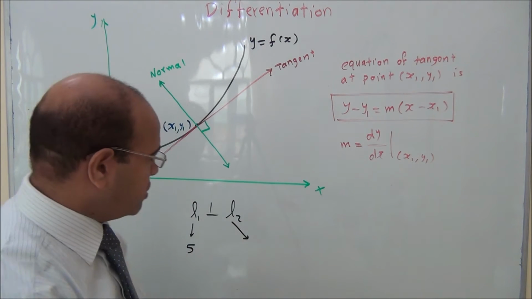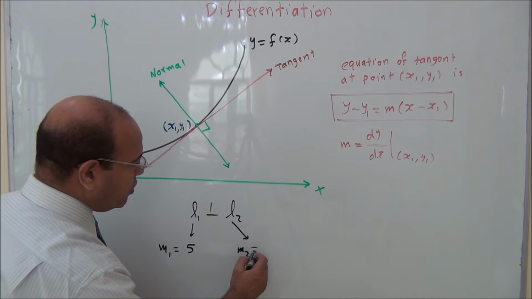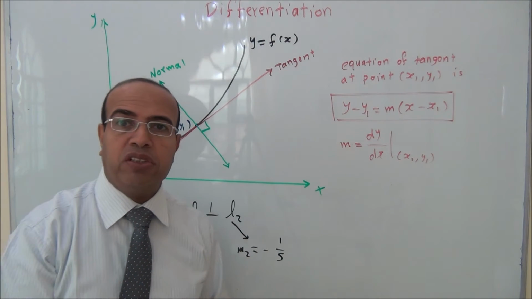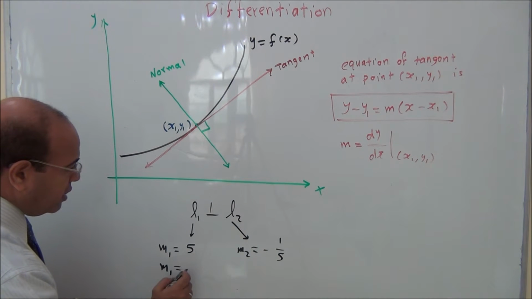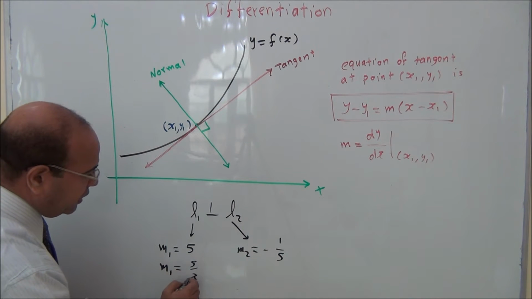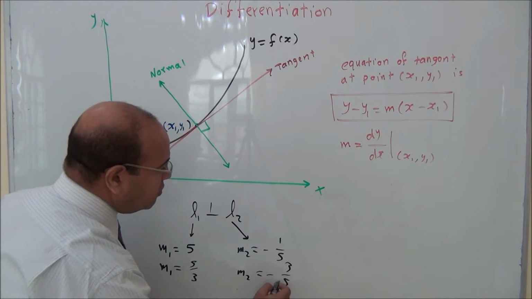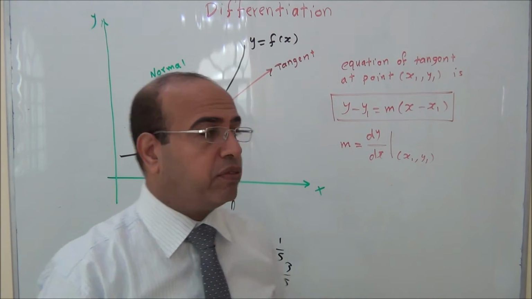We flip and change the sign. So if M1 equals 5, M2, the gradient of L2, is negative 1 over 5. We flip and change the sign. Another one, if M1 equals 5 over 3, what is M2 if they are perpendicular? Negative 3 over 5, such that M1 times M2 equals negative 1.